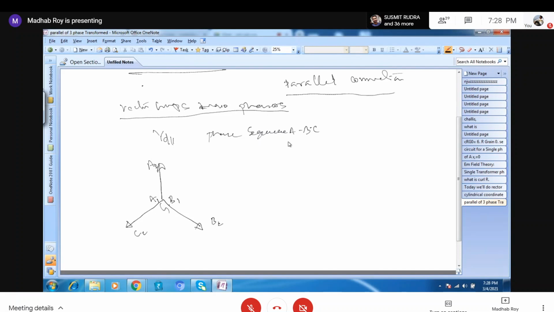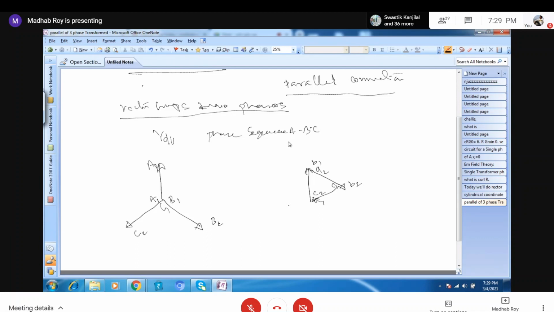What is the phase here for the delta? For the Y side it is this. What will be on the delta side? D11. So we can draw it like this: on the delta side A1 and A2, then B1 and B2, and then C1 and C2.